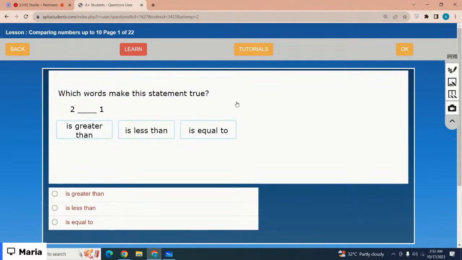But here you are given 2 and 1. That means 2 comes after 1, isn't it? So 2 is greater than 1 because 2 comes after 1. If it is before, that means it is less. And if it comes after, that means it is greater. So 2 comes after 1, so 2 is greater than 1. Got it?